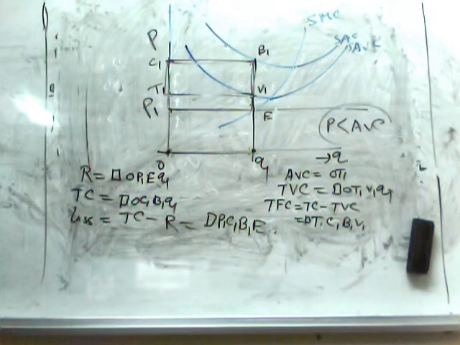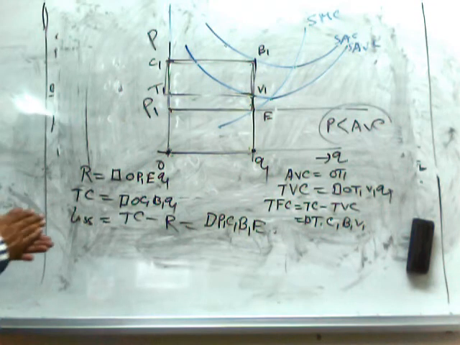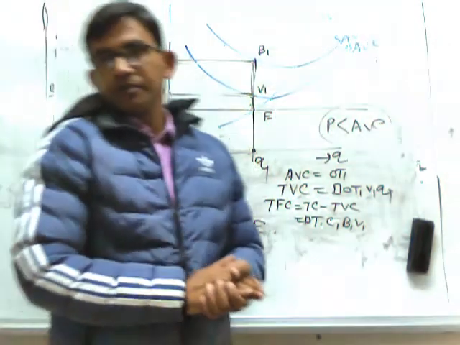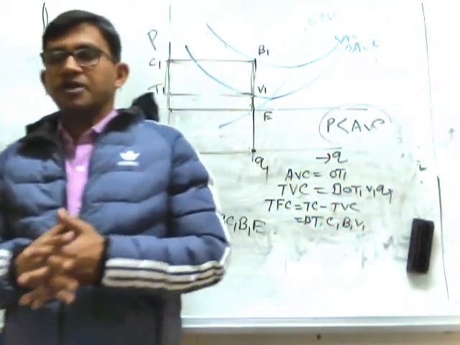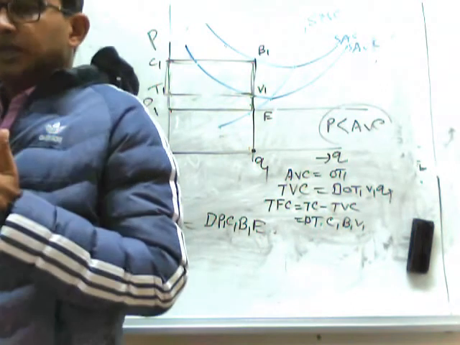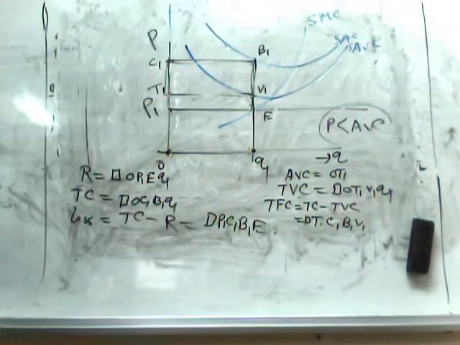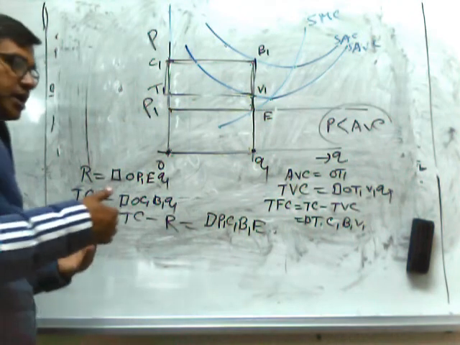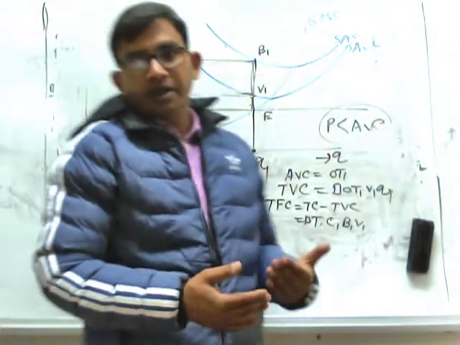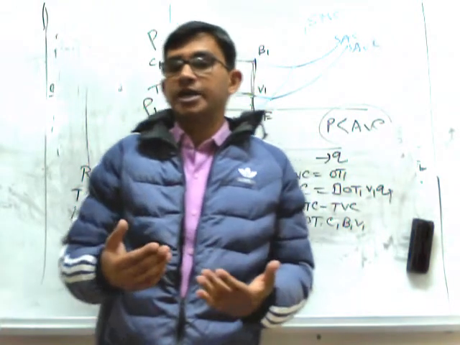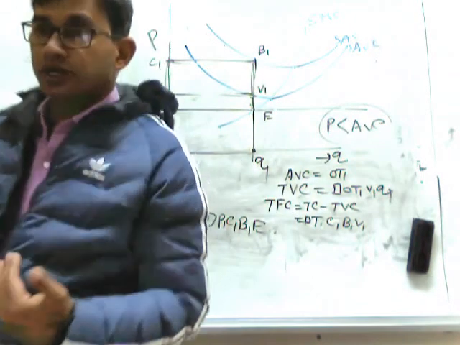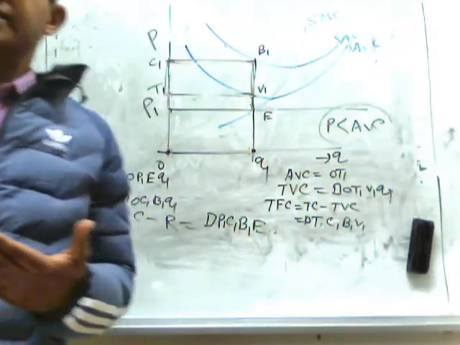So to conclude, in the short run, if a perfectly competitive firm faces loss, it may stay in the market, it may leave the market, or it may remain indifferent between staying and leaving, but everything depends upon the relationship between price and average variable cost.